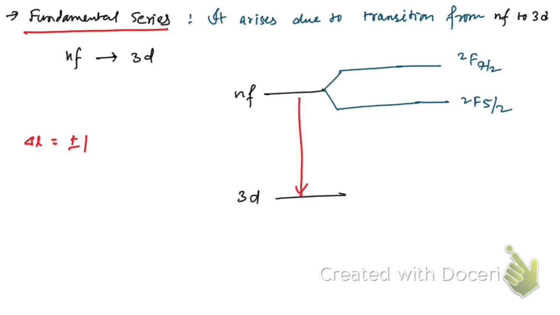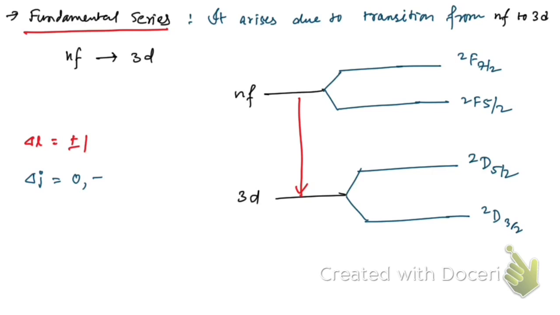And we have already discussed in the last series, in the diffuse series, that the two levels of this 3D should be 2D 5 by 2 and 2D 3 by 2. Now let me check the components. So these are the selection rules that we have to follow.